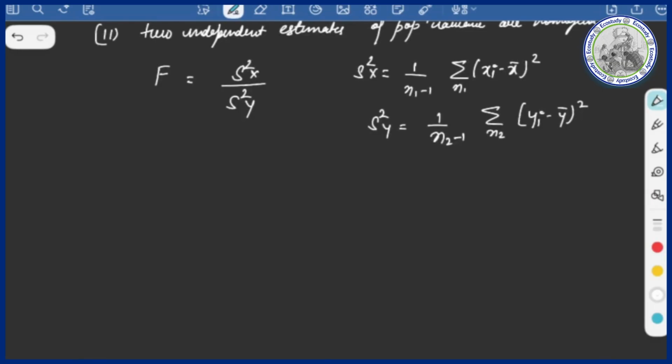Now one more way you can write it, when the sample deviation is given, S square x upon S square y.